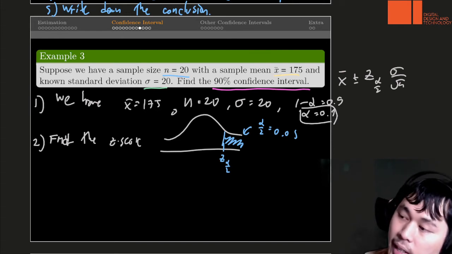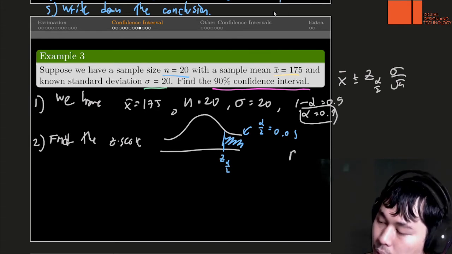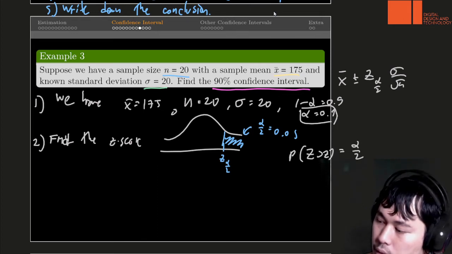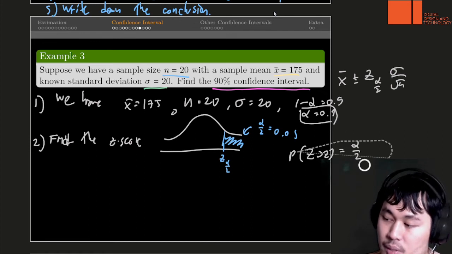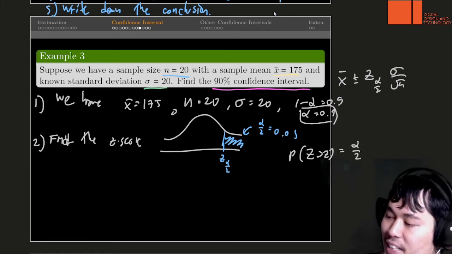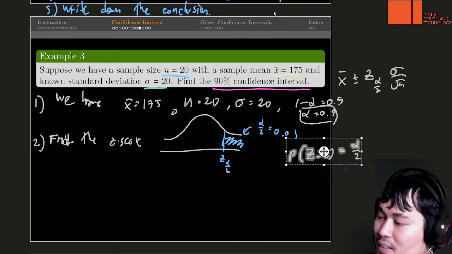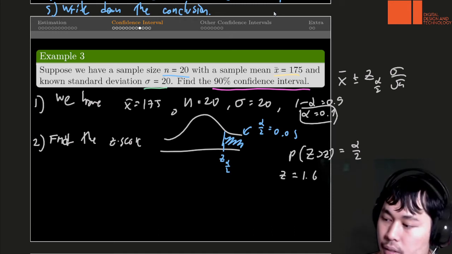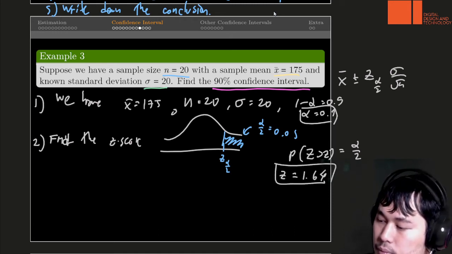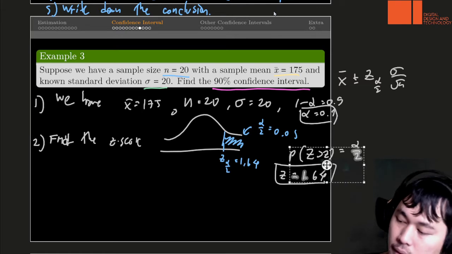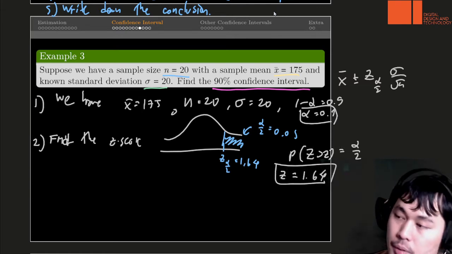We can accomplish that using this equation, which we learned last time how to find. If you know how to look it up in the table, you will see that this point is 1.64.